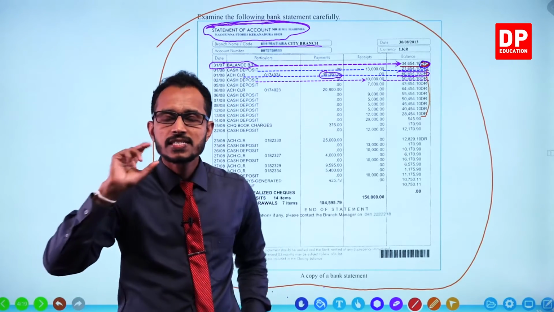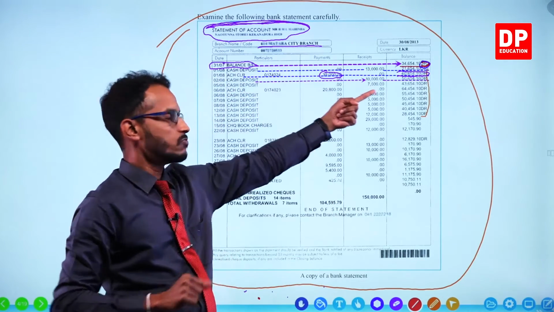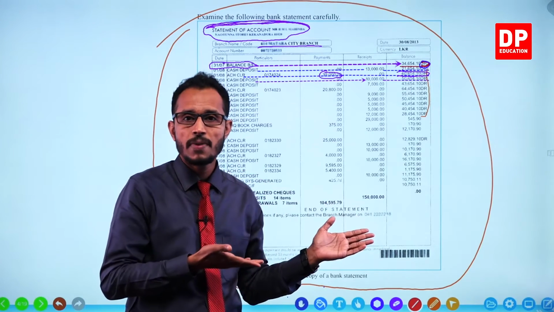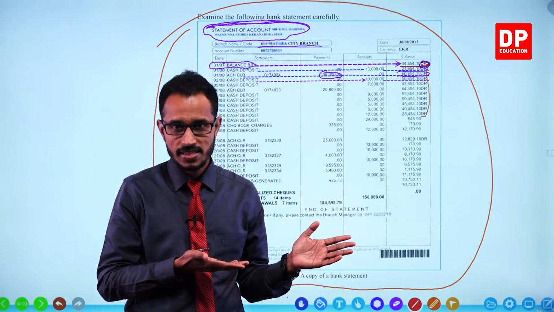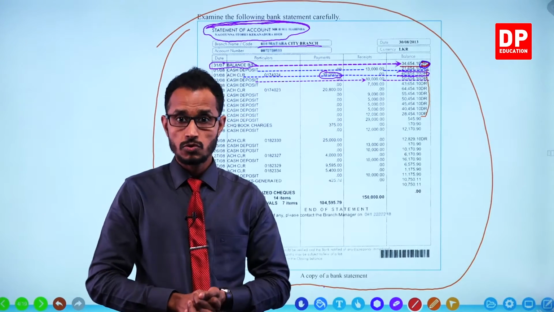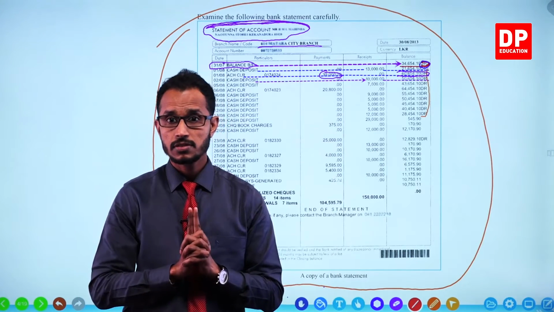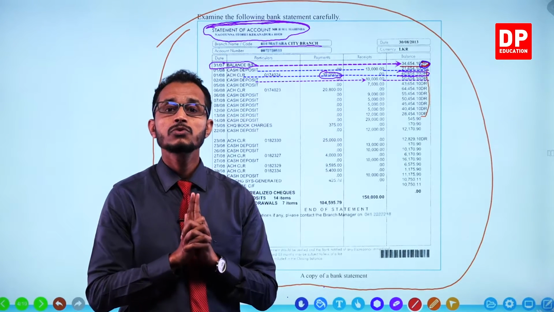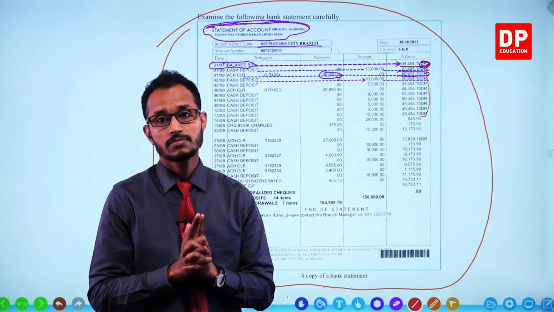Likewise, children, studying the bank statement is very important. It is unquestionably important because in a very recent past paper, the paper had a question to draw a bank statement.